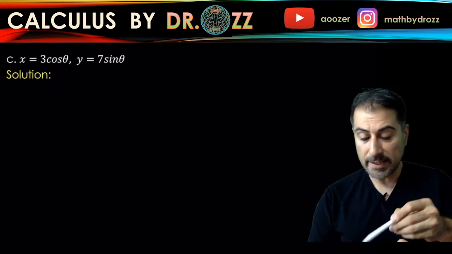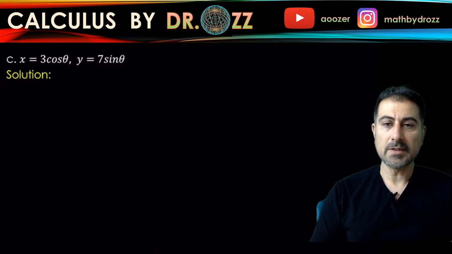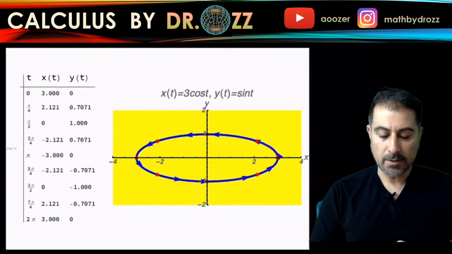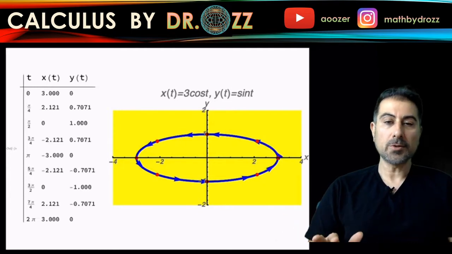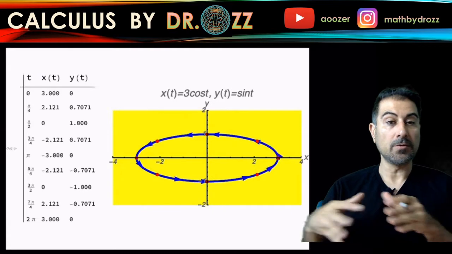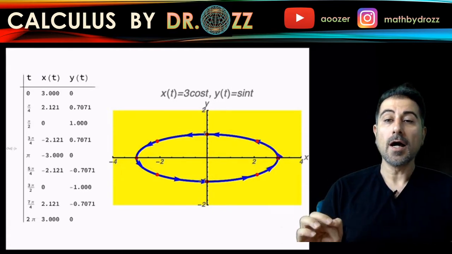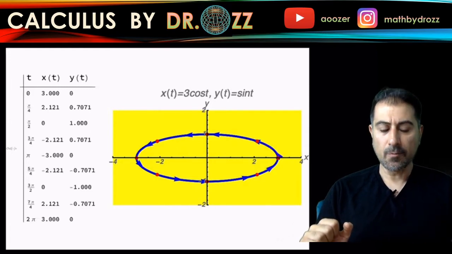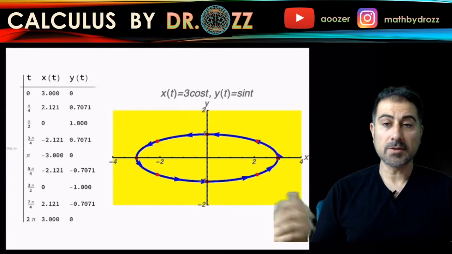What I did here, let me show you, I want to start with 0 for theta and go all the way to 2 pi with increments of pi over 4, but this could be totally different in your case. You may go with negative pi to pi, or 0 to pi only, to see if you can get the full picture. The whole idea is to get the full picture with as many points as we can, and the choices of t all depend on you.